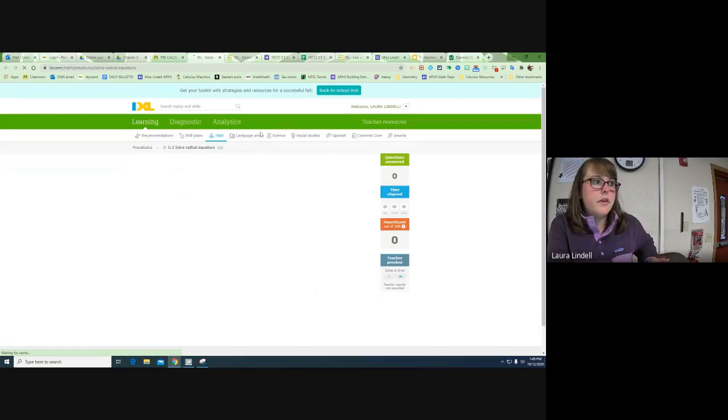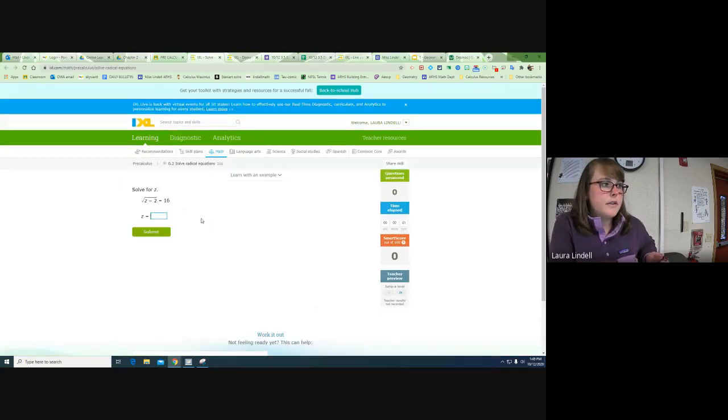And then we also have solving radical equations. So the first ones like this are on the simpler side where you just square both sides first and then add 2 to both sides and you're done.